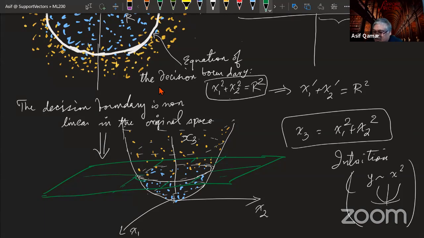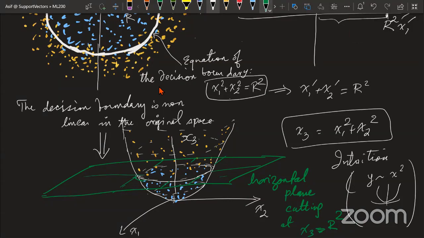Imagine a horizontal plane. The green is a horizontal plane cutting at some place, x3 is equal to r squared.